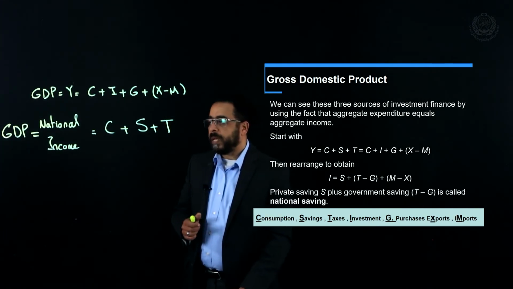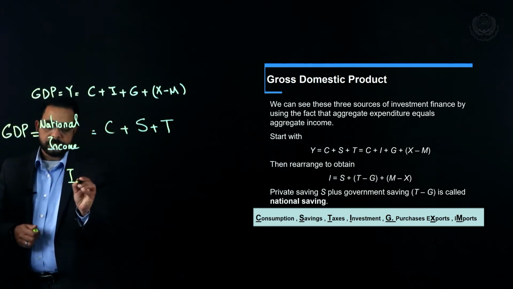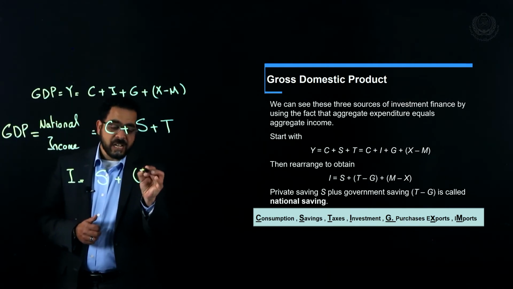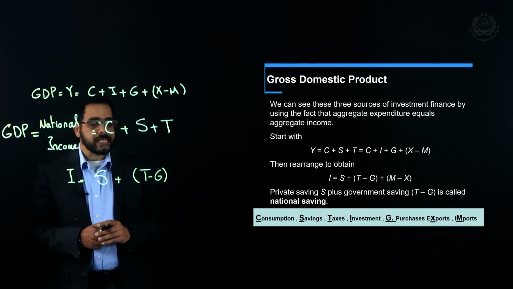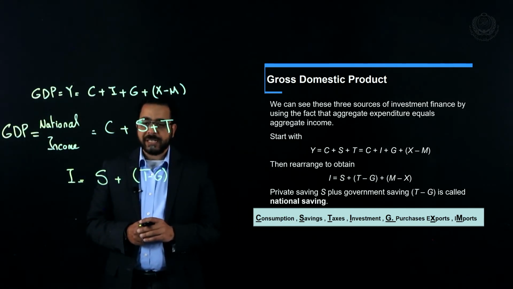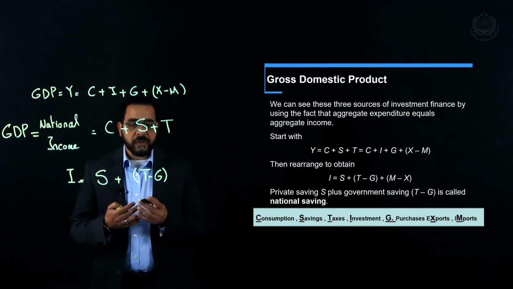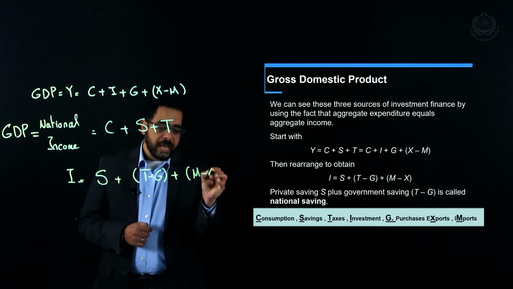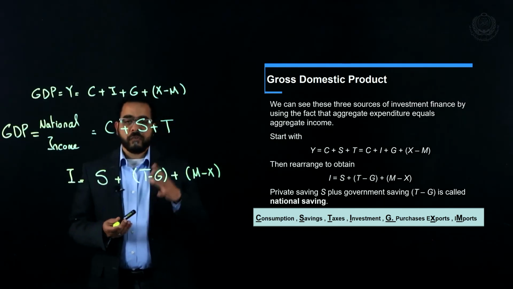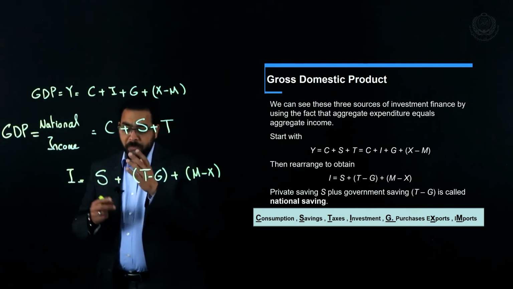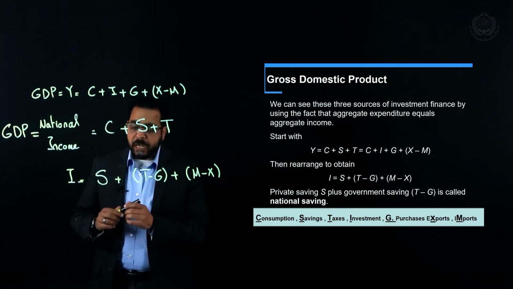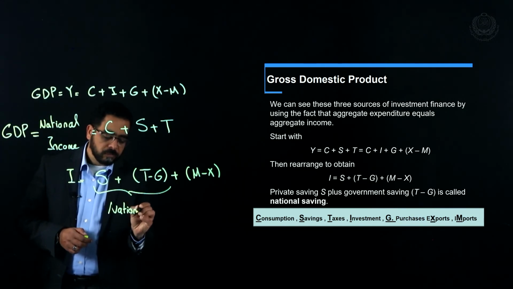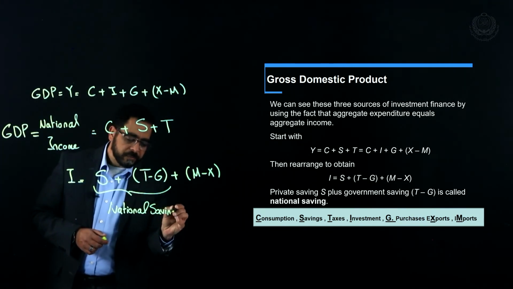So investment will be financed through private savings, S, plus T minus G, which is taxation minus government purchases, and this is actually the saving that is provided by the government, plus M minus X, which we can call the rest of the world's savings. Both S and T minus G are called the national savings.